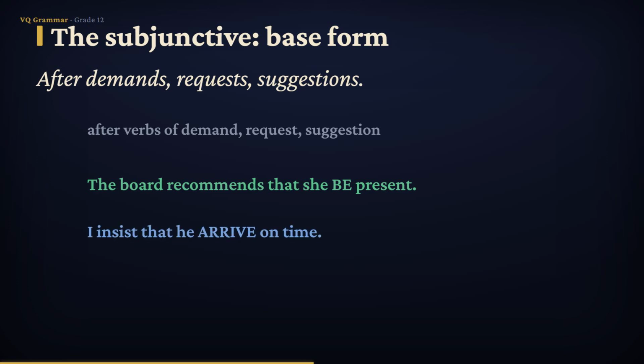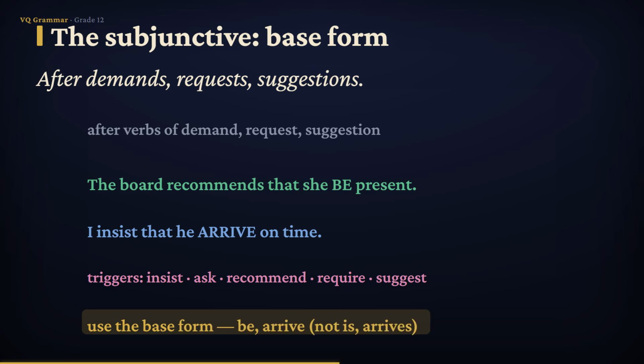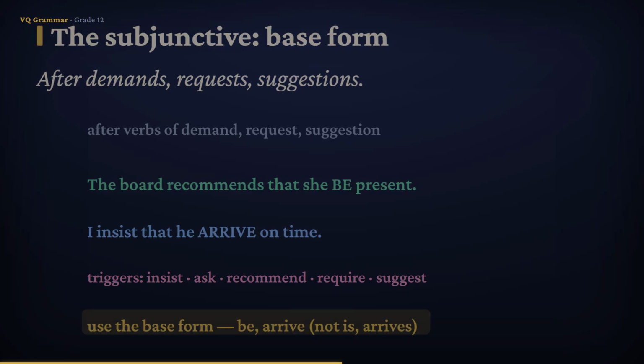I insist that he arrive on time. Not he arrives, but he arrive, with no S. The trigger verbs are ones like insist, ask, recommend, require, and suggest. After them, strip the verb down to its base form and leave it there.